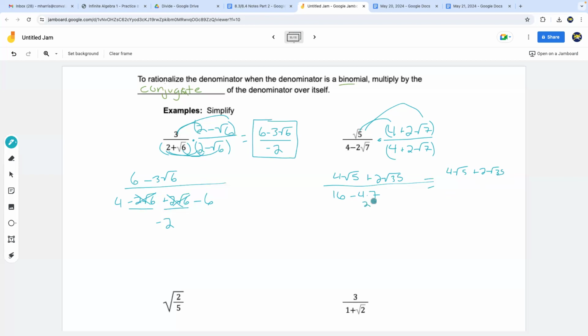Well, this is 28. 16 minus 28 is negative 12. Where did I get 4 from? Mr. Harris can't do some math. Oh, I know where. 2 times 2. Right there. And again, this can be simplified even more. We'll talk about it later.